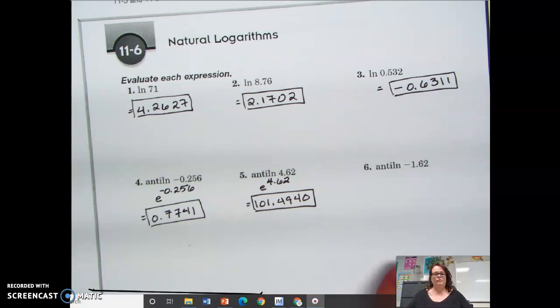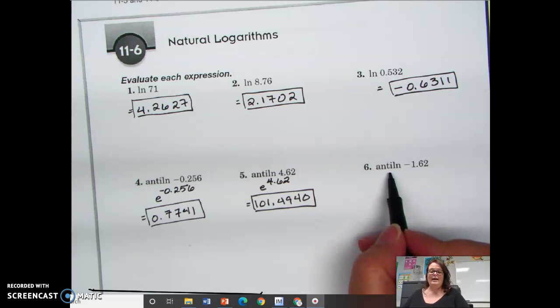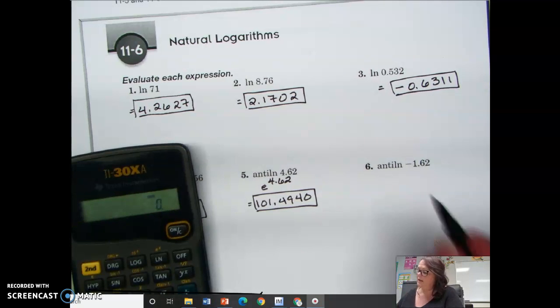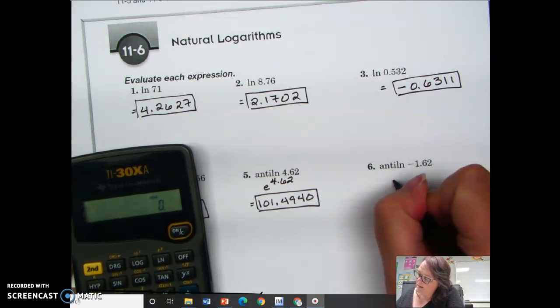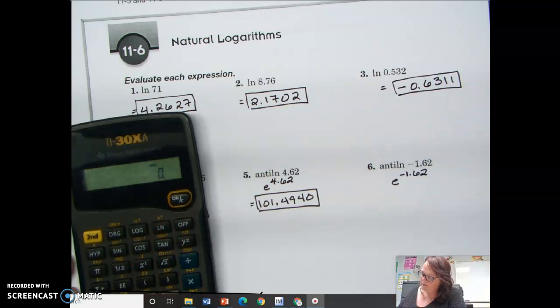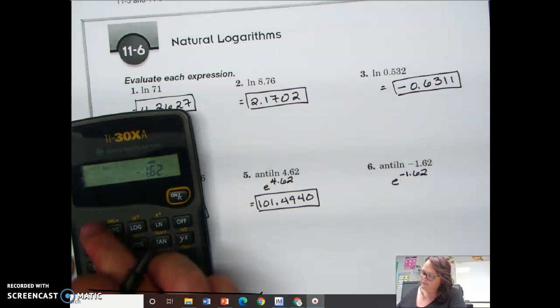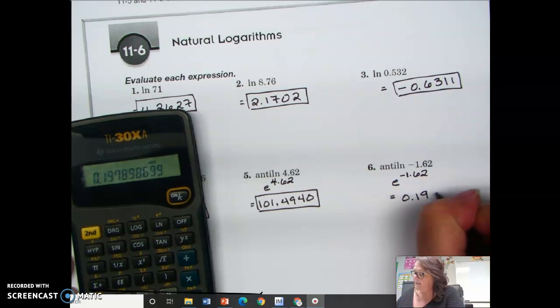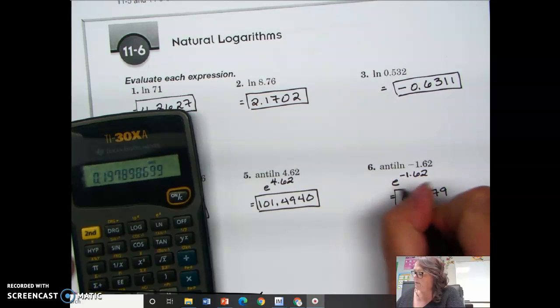And so take a moment and find the anti-log of negative 1.62. Notice I can do the anti-log. I can't do the log of negative 1.62, but I can do the anti-log because that's really just the exponent, and the exponent can be anything. And so that's going to give us 0.1979 rounding up.